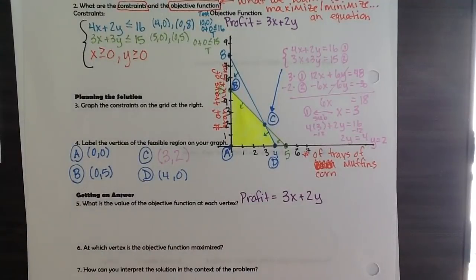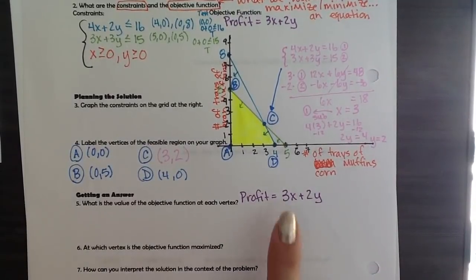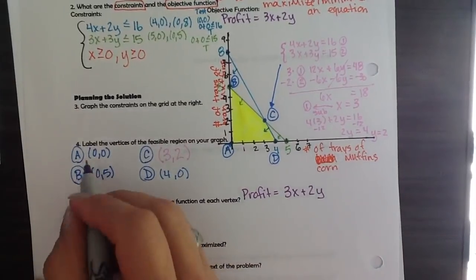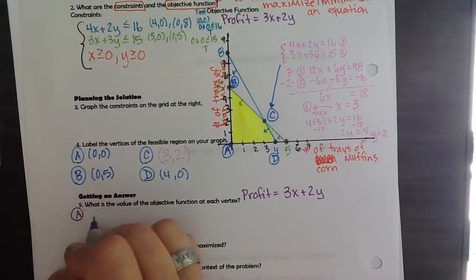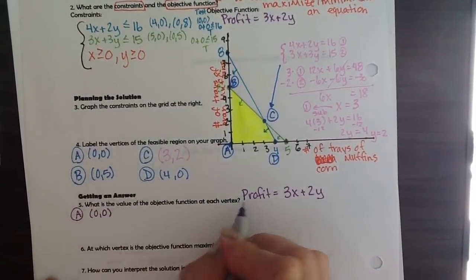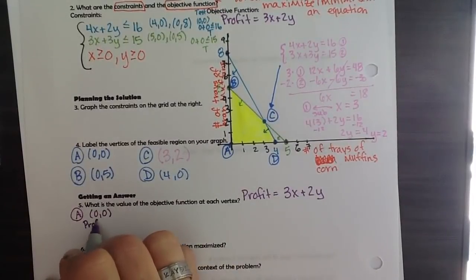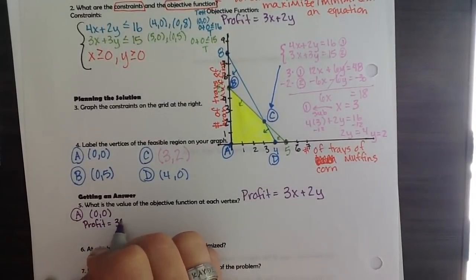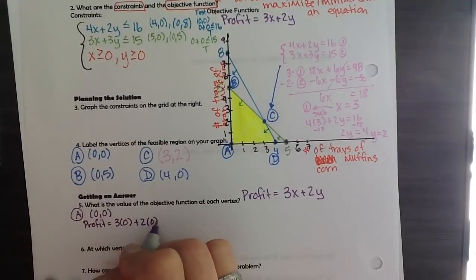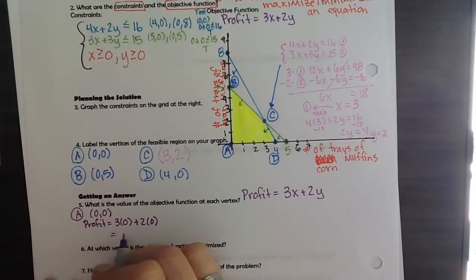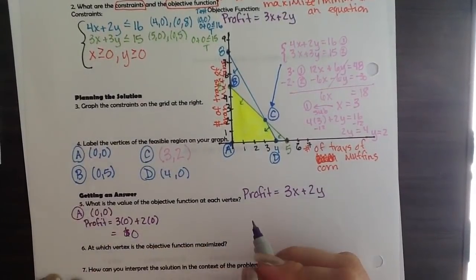So for each vertex, I will need to substitute in the x and y values and then work through them to figure out the profit. So for letter A, which was 0, 0, the profit will be 3 times 0 plus 2 times 0, which ends up being $0.